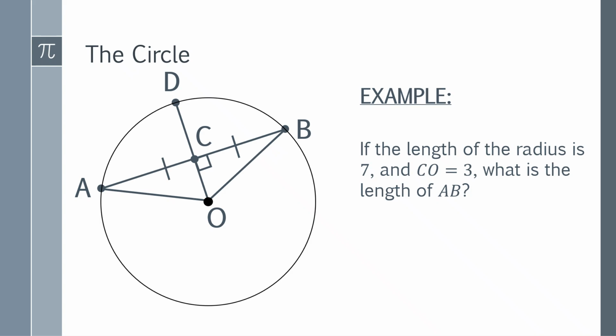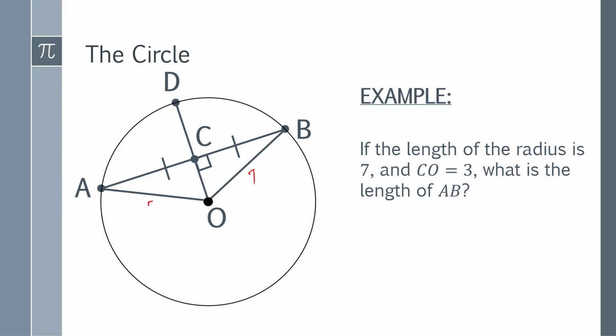First example: if the length of the radius is 7 and CO is 3, what is the length of AB? Whenever you solve this problem, here is what we are going to do. Remember that the radius is 7. So it's either BO or AO that is 7.